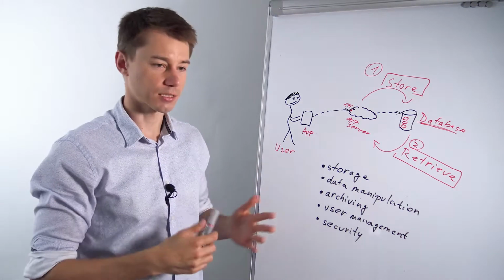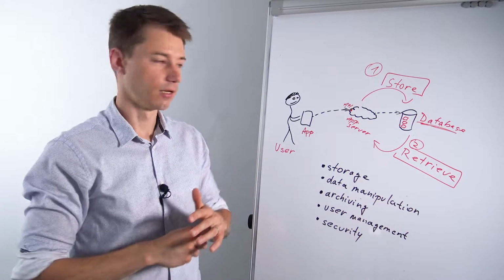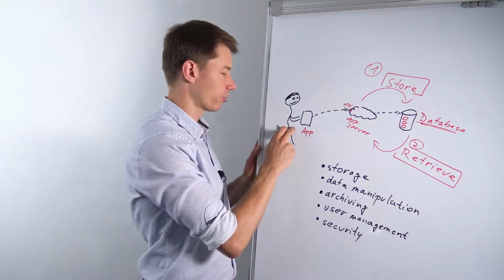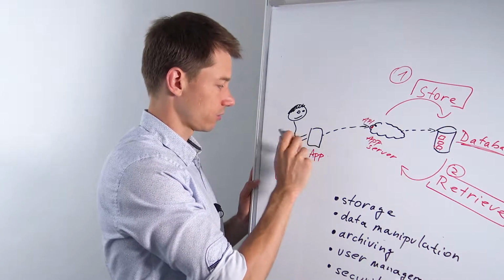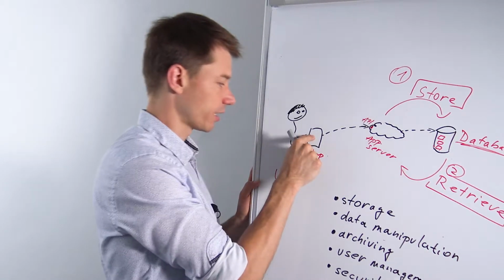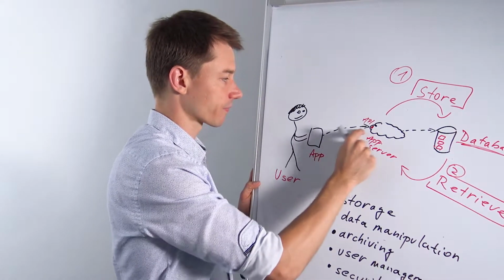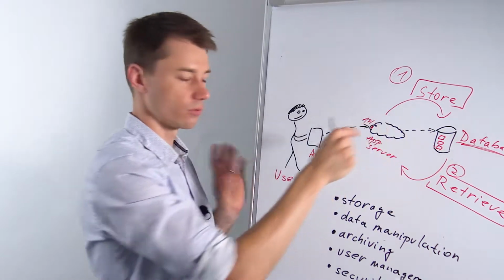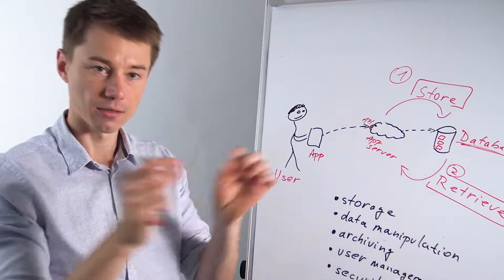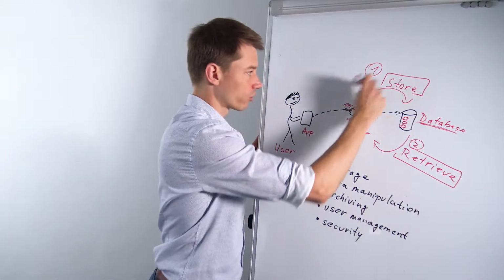It could be a task list, where a user wants to save what kind of tasks he or she needs to complete. So the user uses an application, hits a save button, then an API needs to connect to a database to save the task to a database. So you need to store data.